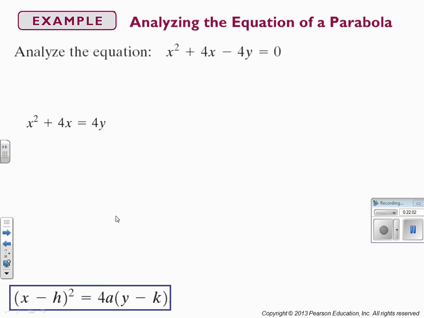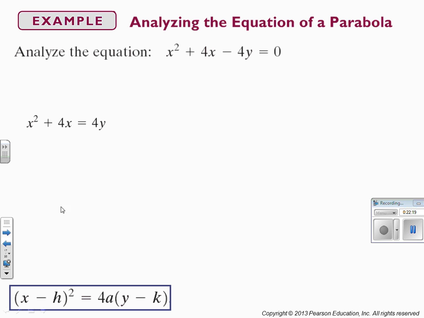Our parabola equation has our x's on one side and our y's on the other. So you always want to set yourself up so that your x's are on one side and y's on the other. And the one with the squared term will determine what you want to make it look like.